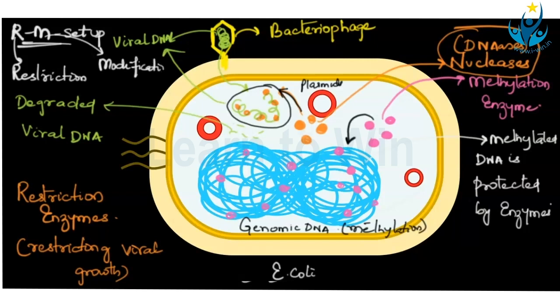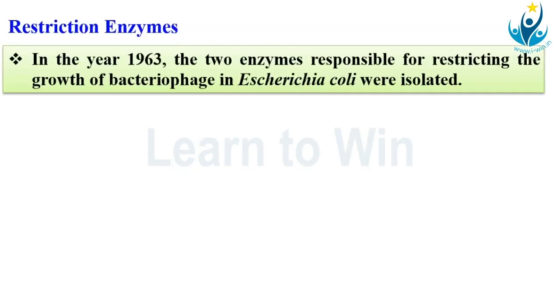So the bacteria is restricting the viral DNA's growth and it is modifying its own genome by protecting itself from the enzymes. Understood? Now let us continue with restriction enzymes. So that is what we have spoken here, that they are responsible for restricting the growth of bacteriophages and hence they are called restriction enzymes.